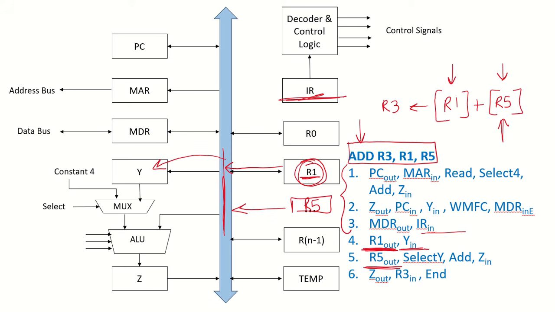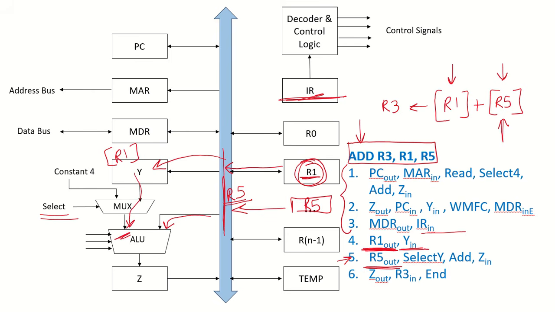So now R1 contents are present in Y, and now we have output R5 contents in clock cycle 5. So R5 contents are present onto the bus. Now these contents are available at the input port of the ALU. On the second port, we can do a select Y so that the contents of Y can come through the multiplexer into the other port.